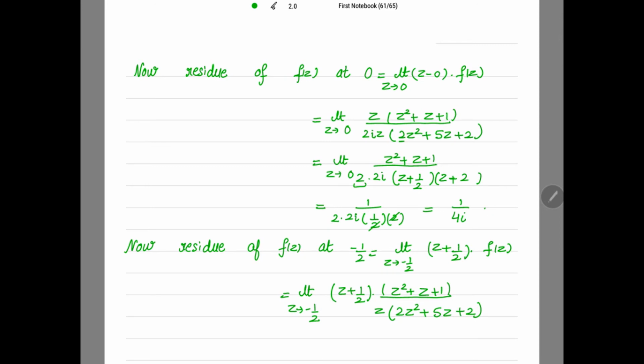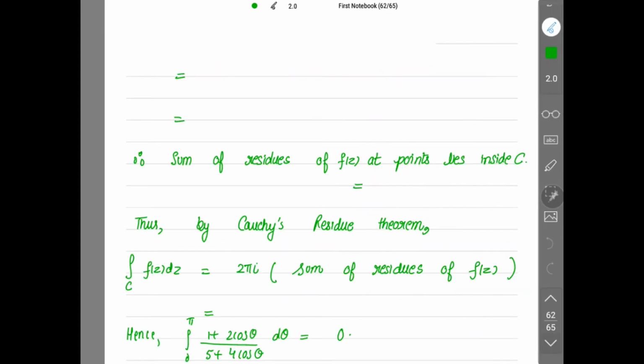Because I need to cancel this factor, I have to factorize this again, taking the leading coefficient outside and writing z minus the first root, z minus the second root, the same as we have done in this step. So this is equal to 1 over 2 iota, limit z tends to minus 1 by 2.